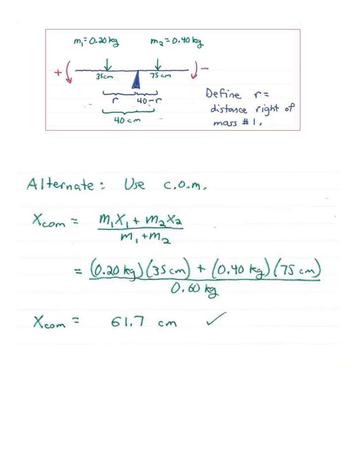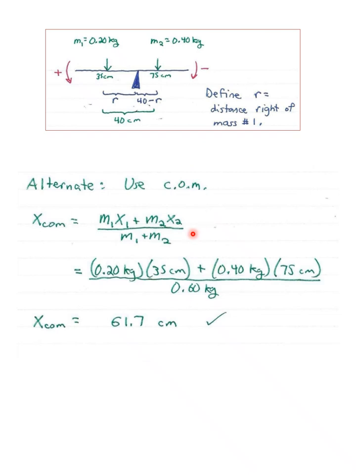There's a much easier way. Now that we've gone through using torques, there's actually an easier way to solve number 81, and it involves center of mass. So the fulcrum needs to be at the balance between those two masses. It says the meter stick is of negligible mass, so we don't have to worry about the meter stick itself. Let's use the center of mass equation: M1x1 plus M2x2 over M1 plus M2.